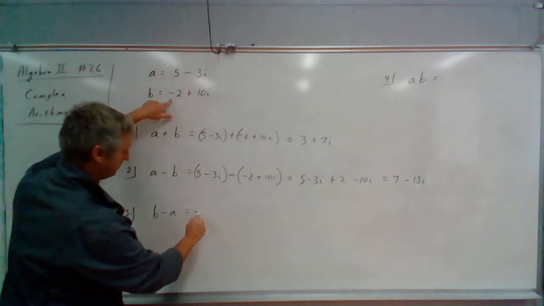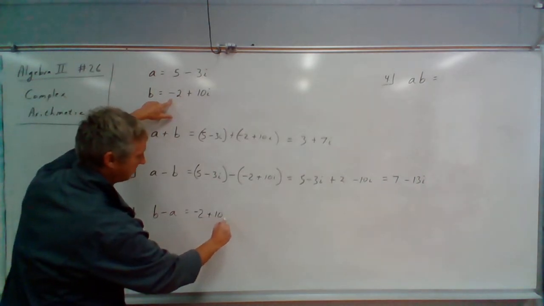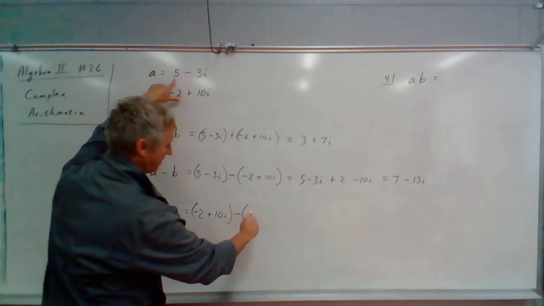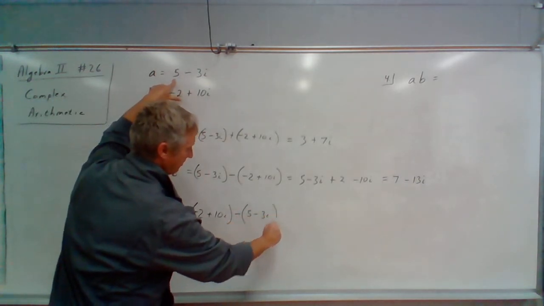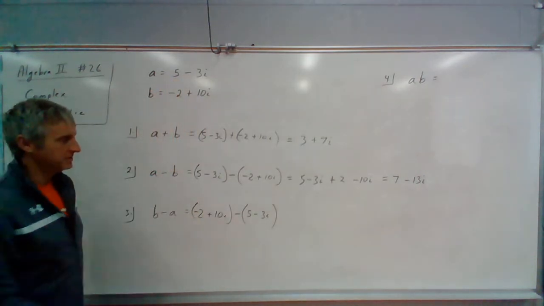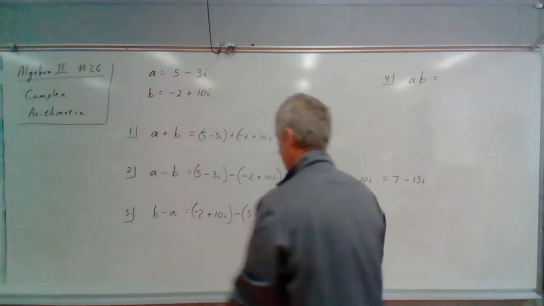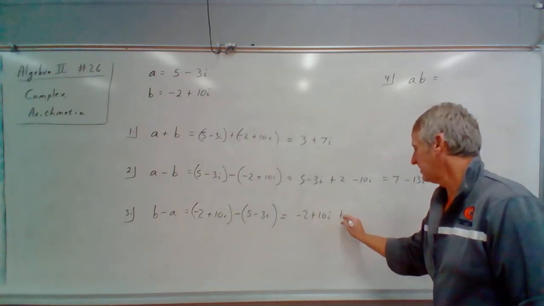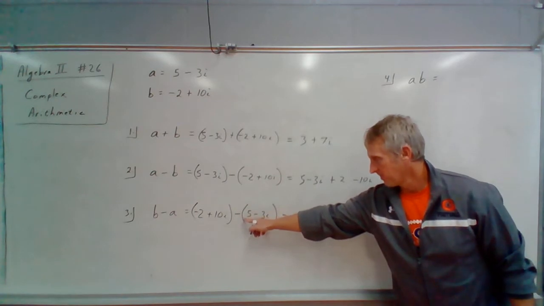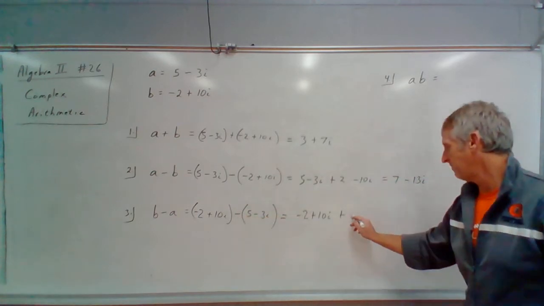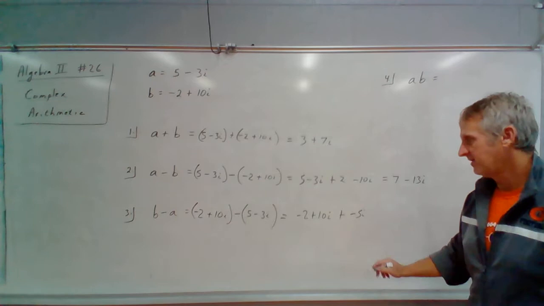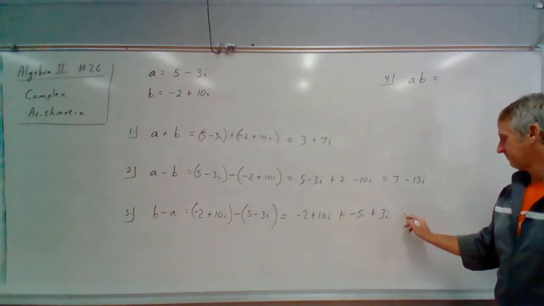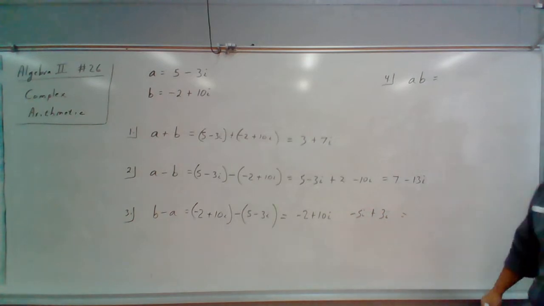So I have negative 2 plus 10i minus 5 minus 3i. And again, this minus will change all the signs in there. So I will have negative 2 plus 10i plus, that'll be minus 5 and plus 3i.